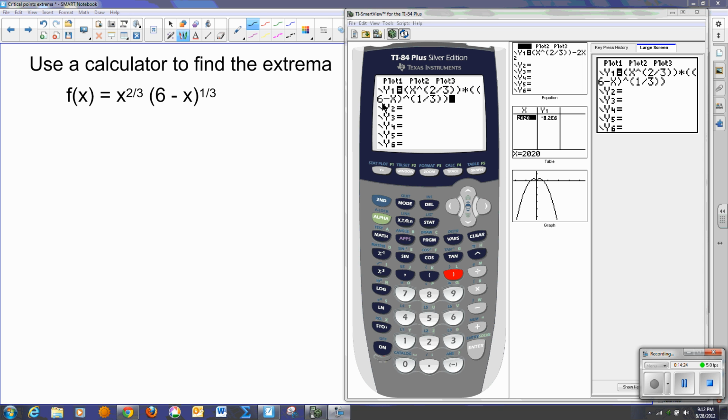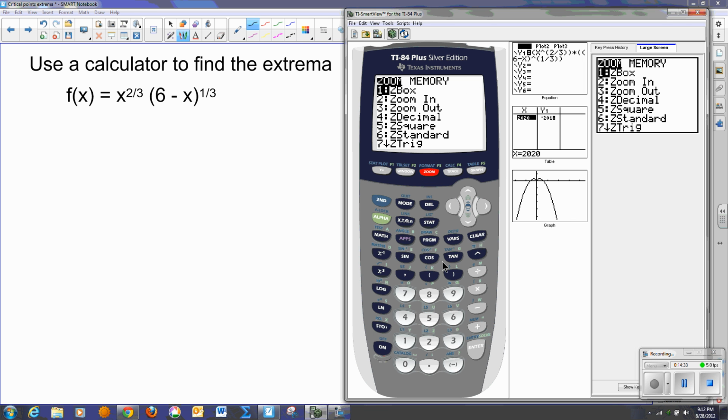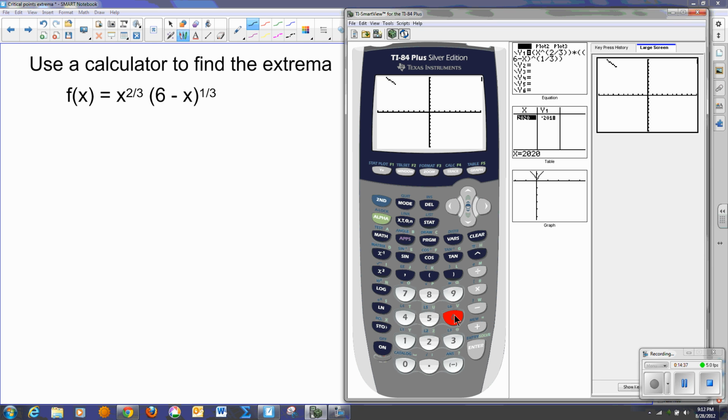And notice once again, the 6 minus x quantity is in its own set of parentheses, and the 1/3 is in its own set of parentheses. I'm going to try to graph that in the standard window and see what I get. And so this goes down, and it appears that it's going to jump up and go down again.